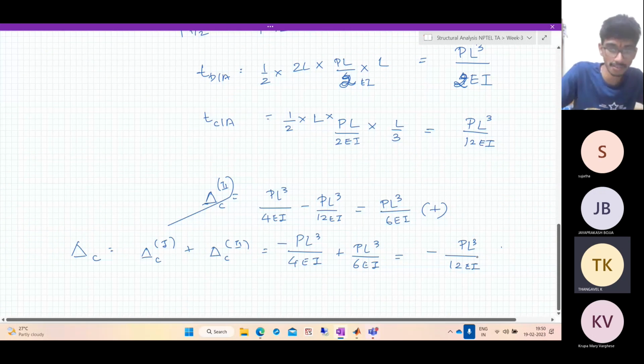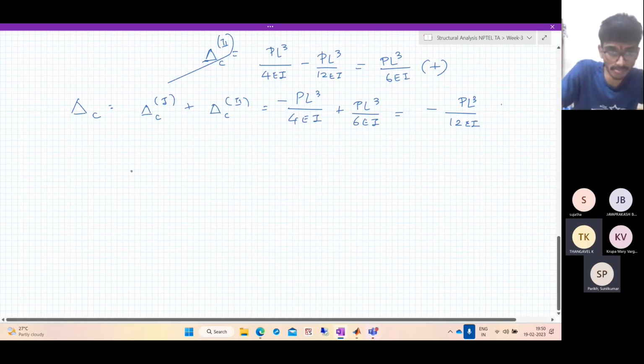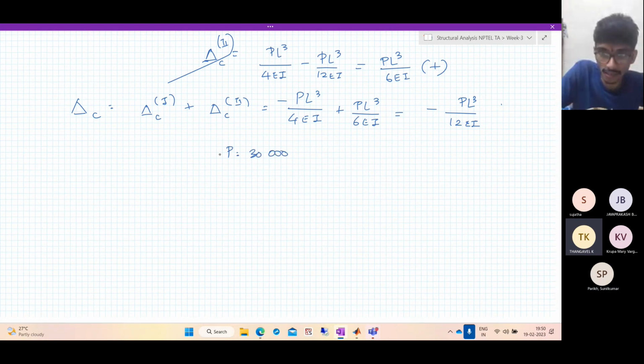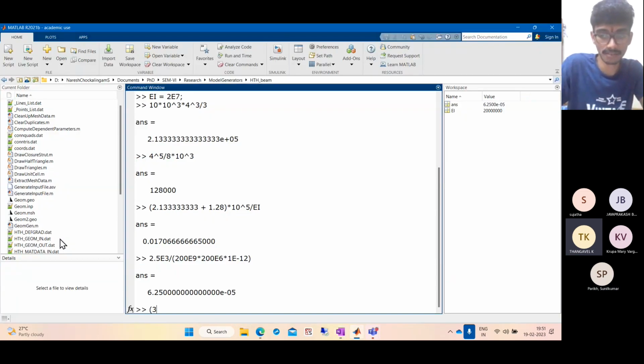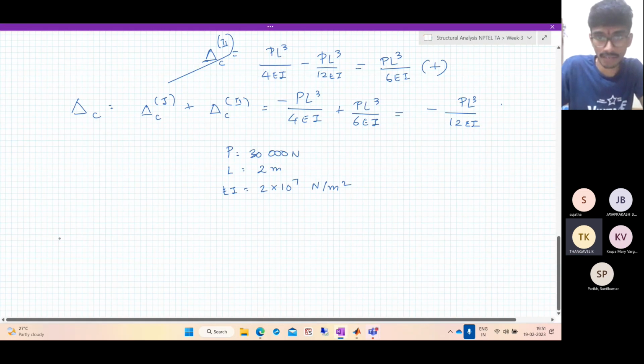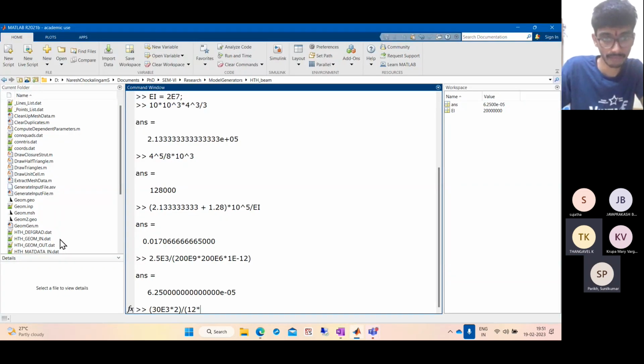P is 30 kilonewtons, so in our case P is 30,000. L is 2 meters, by 12 into EI.